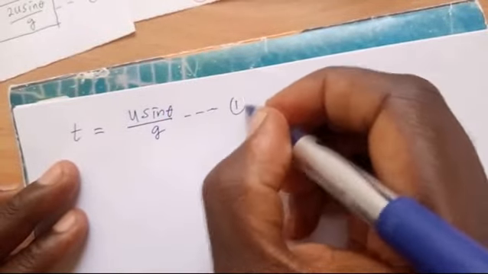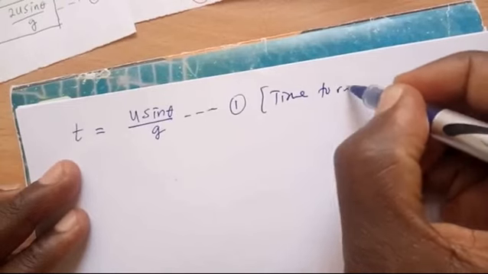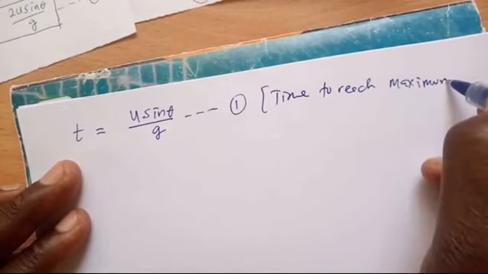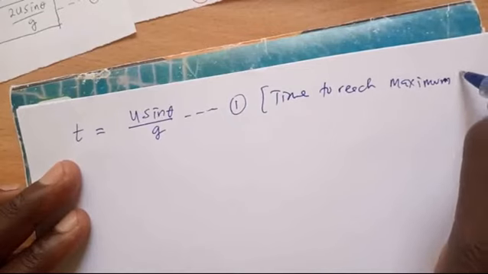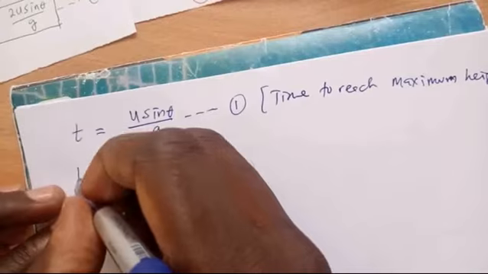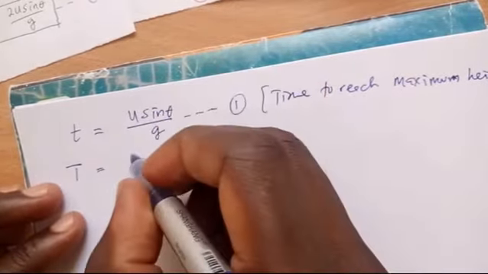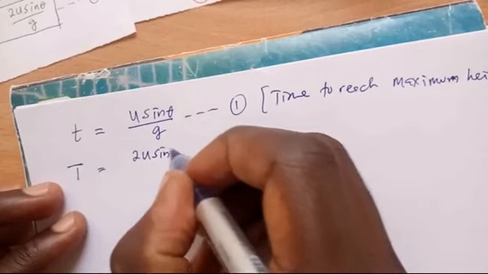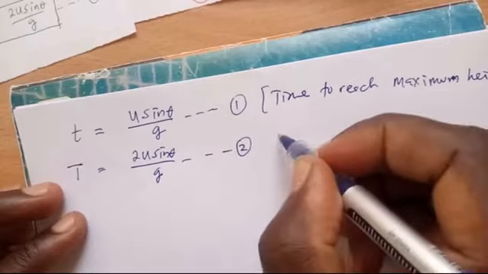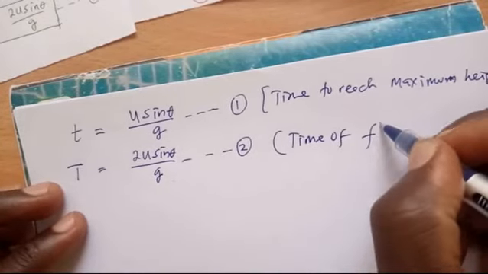This is the first formula you need for time to reach maximum height. Now the second one is the time of flight, capital T, and this one is twice this. You say 2u sine theta over g, and we call this equation 2.